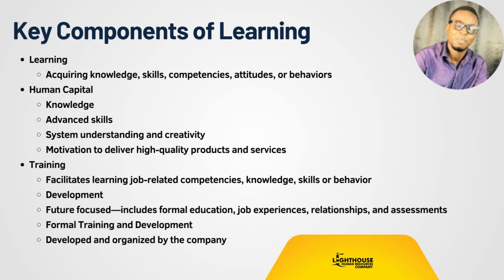Now, another thing that we need to understand is that an employee can go for a training program without it being that it is the organization that organizes or sponsors it. For example, this human resource in practice training is an external training for those people who are on the job.